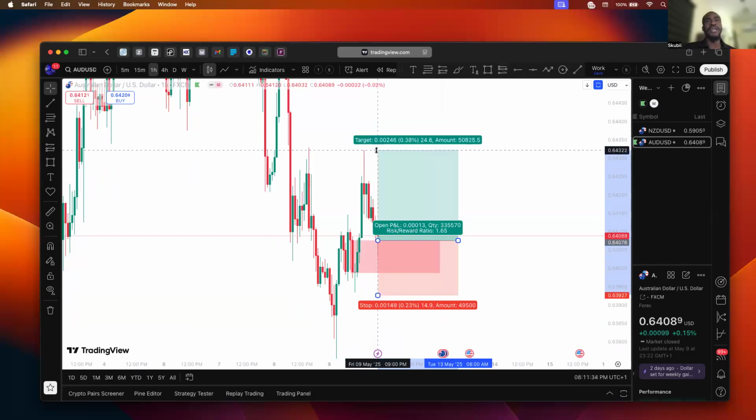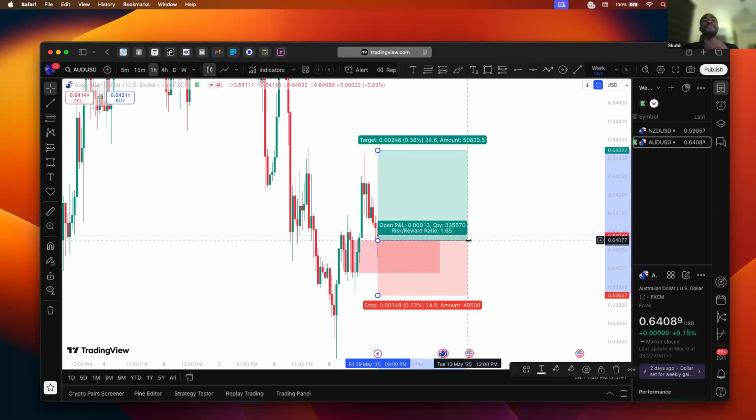You see something here, risk reward ratio, which is 1.65. What that means is anything I'm risking for this trade, I'm going to make 1.65 times of it. So if I risk $100, I'll make $165. That's more than what I am risking.